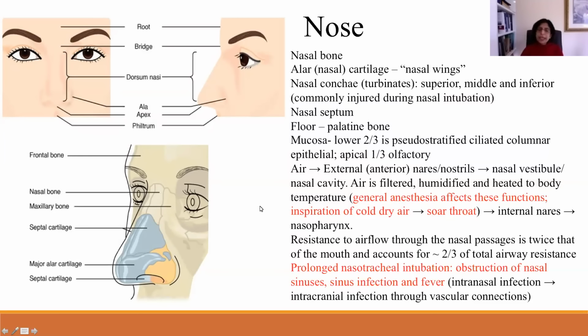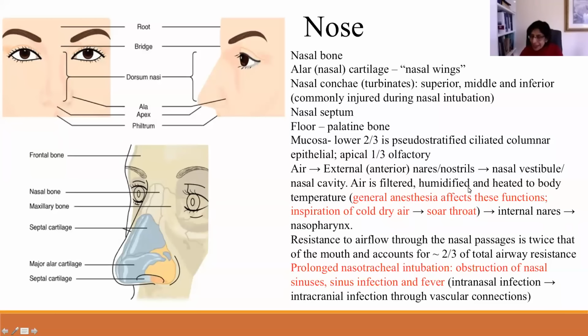Okay, so let's trace the pathway of the air, which we did. Air goes through the external nares, nostrils, then the vestibule, the space into the nasal cavity. Air is filtered, humidified, heated to body temperature. This is where you may want to note that general anesthesia can interfere with these functions.